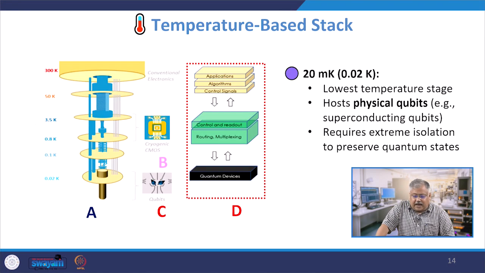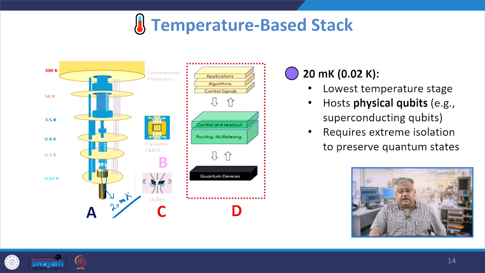Now, if we go to the last temperature stack, the lowest temperature stage, this is where the physical qubits are stored, right, somewhere here in this box. This box is at 20 millikelvin, the lowest energy state, and it hosts physical qubits. For example, a superconducting qubit or even spintronics based qubits get stored here.